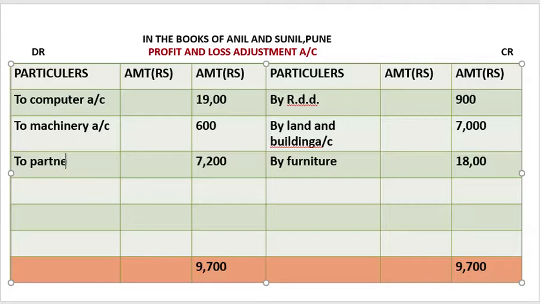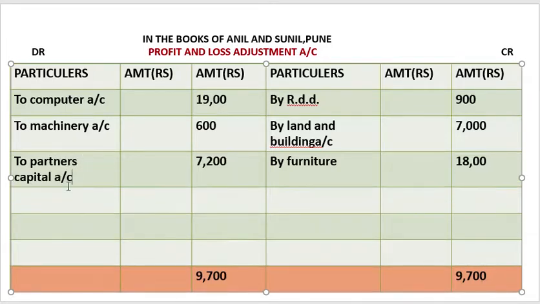Okay. Now we'll distribute this 7,200 to partners' capital account. Now in their profit sharing ratio, what is their profit sharing ratio? Equally. So they have got profit, partners Anil, Sunil and Suresh. Okay, we'll have to distribute equally.